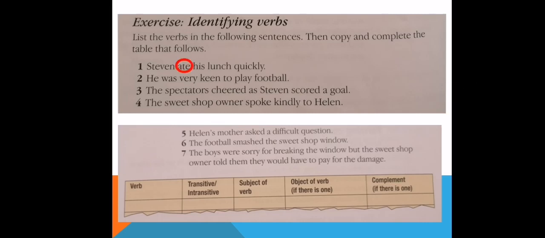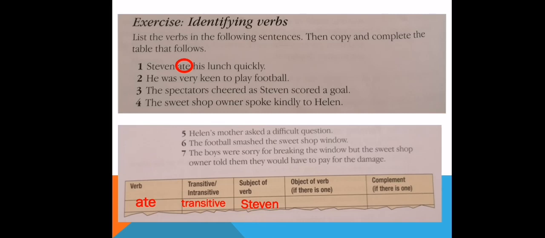So here our verb is obviously ate, and let's go ahead and try to fill out the table. So the verb is ate. We know that it's transitive because there is an object afterwards, lunch, right? He ate his lunch. His lunch was affected by the verb ate. So we'll write transitive there. So the subject of the verb or the subject of the sentence is Stephen. So we'll write Stephen there.